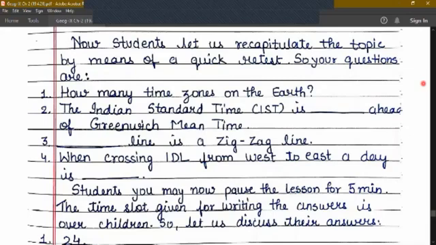Number 3, dash line is a zigzag line. Number 4, when crossing international date line from west to east, a day is dash. Students, you may now pause the lesson for 5 minutes for writing your answers.